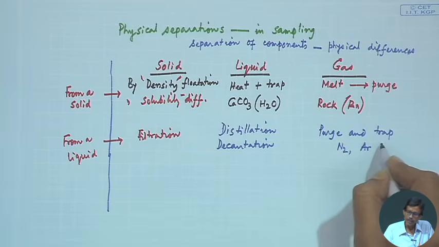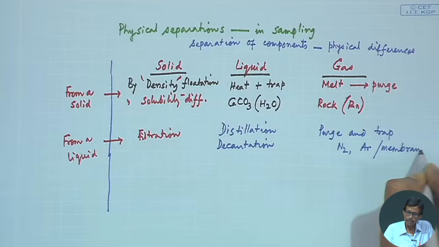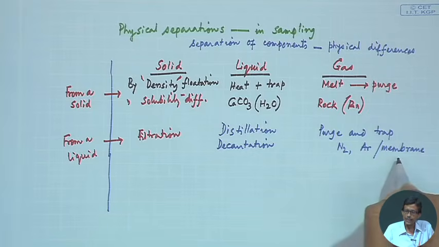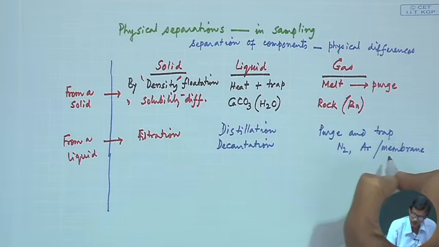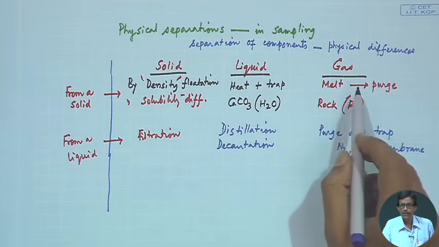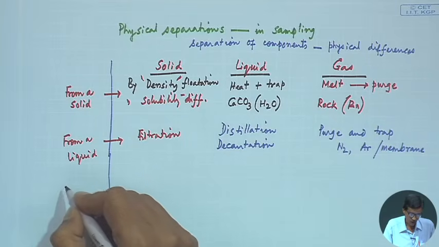Or sometimes the gas permeable membranes can be used, which can selectively permit one gas to pass from the other gas. So, this membrane will be utilized for the separation of the gas from the liquid also.